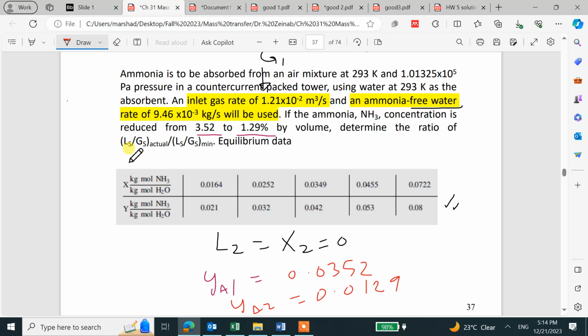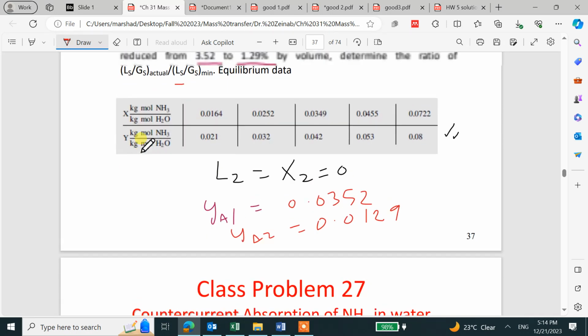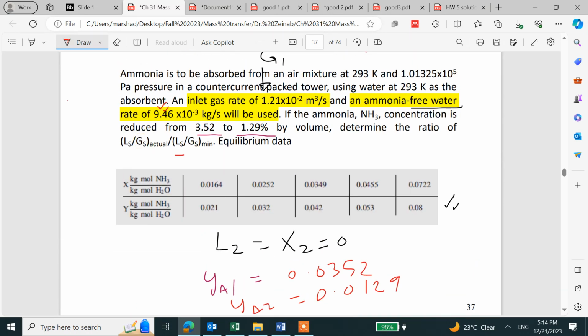So what we have to define is the ratio of LS actual by LS minimum. The actual LS we know, isn't it? It is given, ammonia free water. This is L1. So from L1 we can find GS, right?